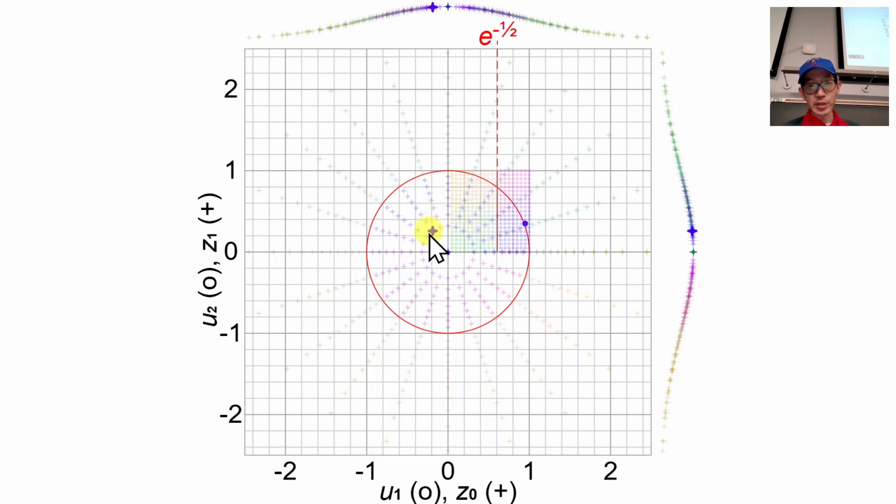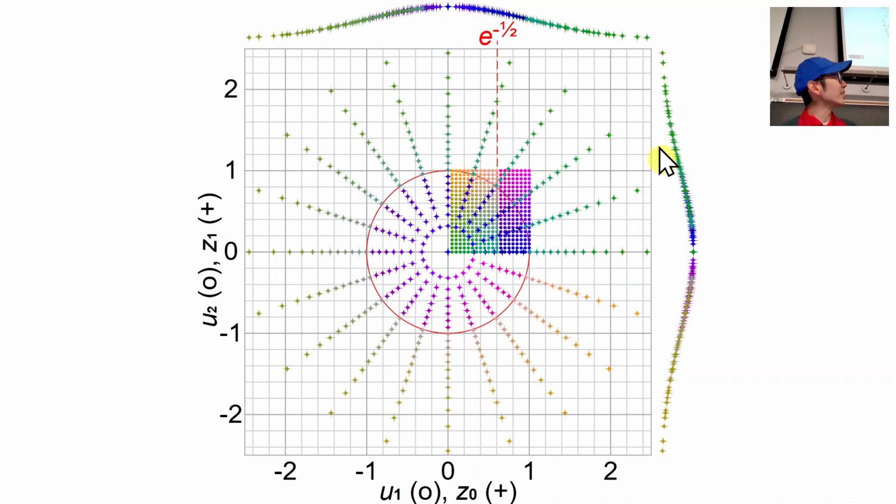And so when you map all of these out, every single one of these points translates to a point in the normal circle there, right?